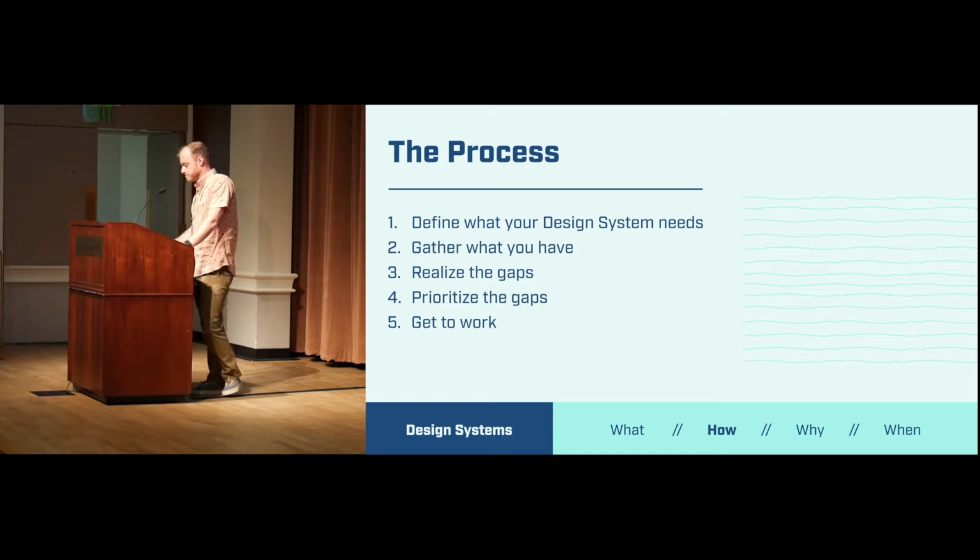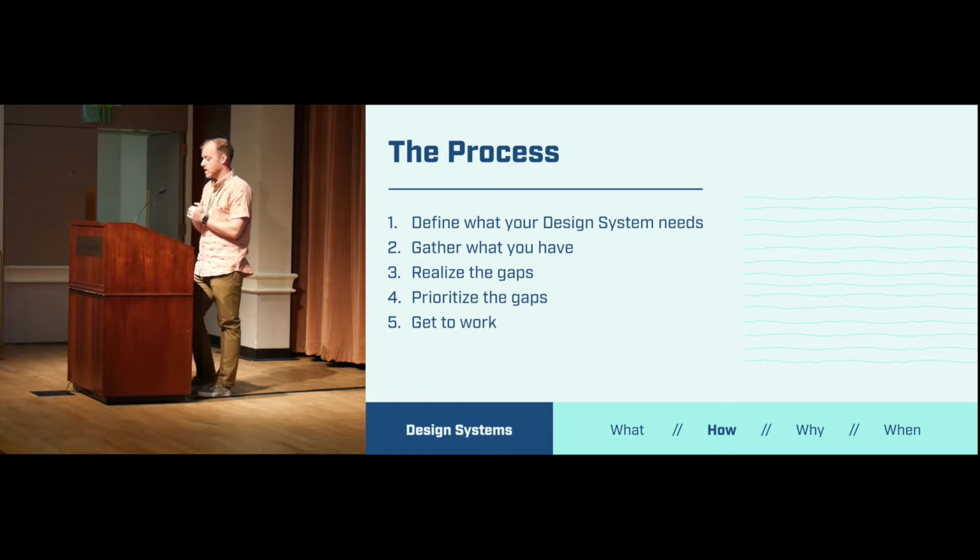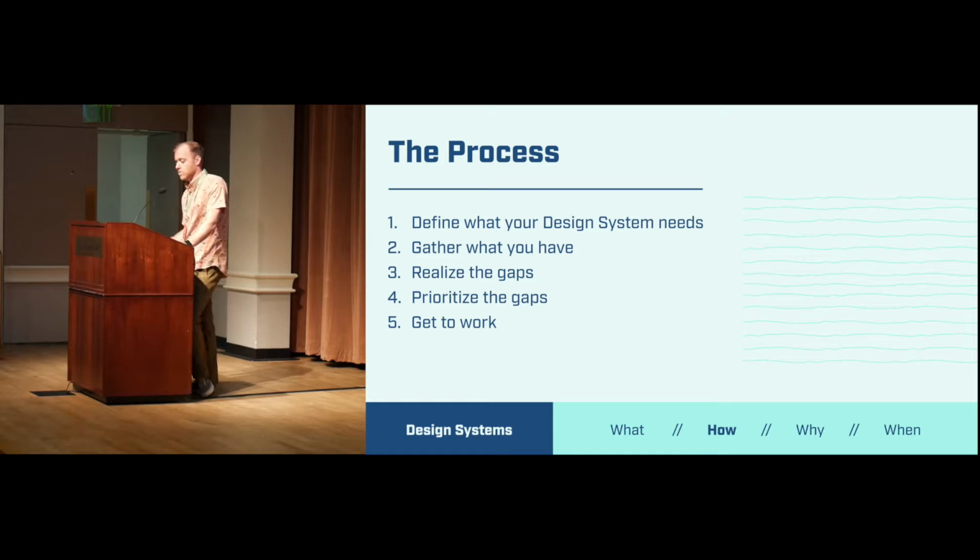So the process is that you obviously want to start by defining what your design system needs and what things should be in it. If you're working on an analog product or project, it's going to be a lot different than if you were building a design system for a web application or a mobile app. So first you need to define what exactly your design system needs. And then second, gather what you already have.